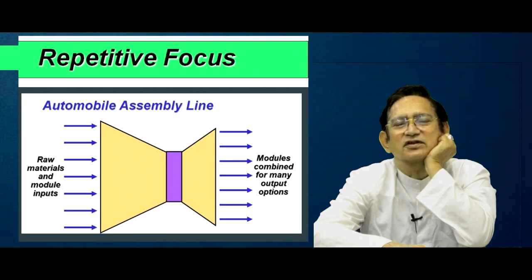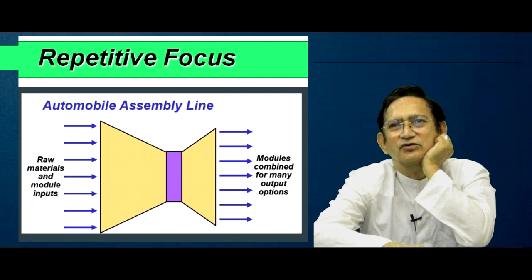Repetitive focus. Let us consider an automobile assembly line. Raw material, then modules are produced and combined for many output options.